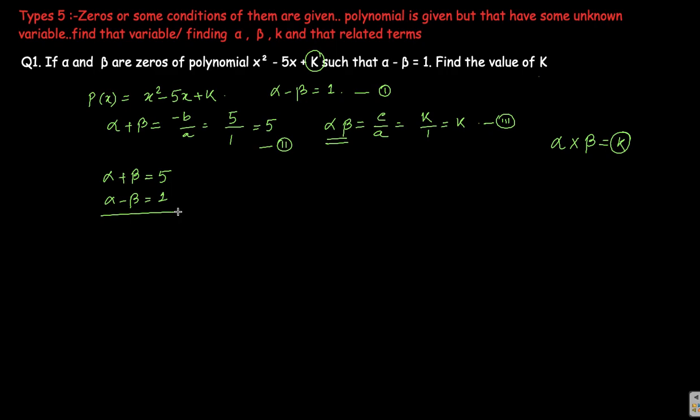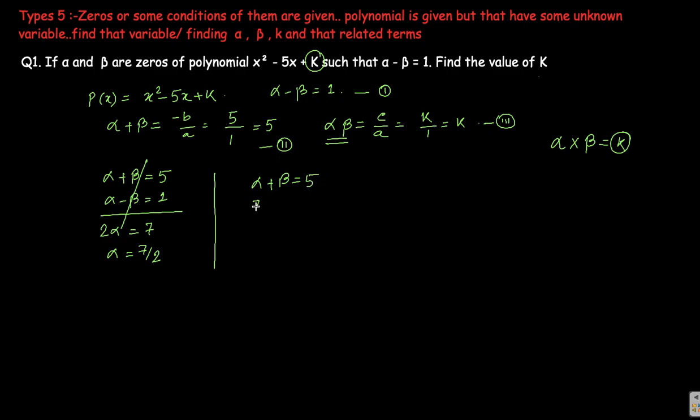Adding these two equations, beta cancels out, so 2 alpha becomes 7 and alpha becomes 7 by 2, that is 3.5.